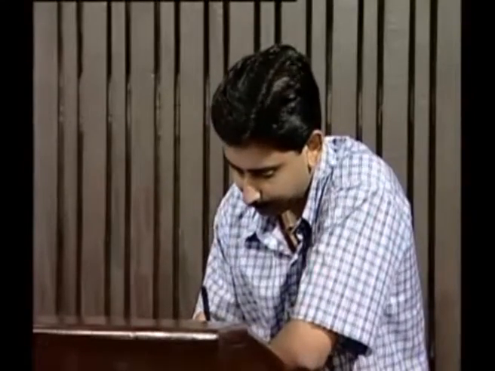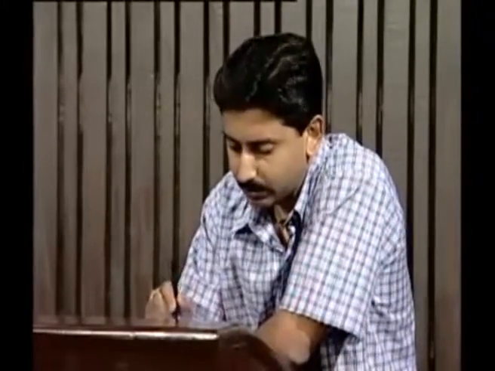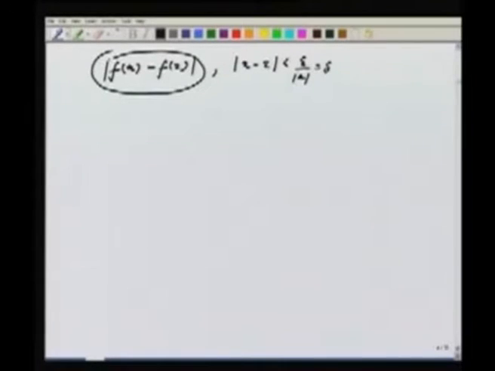Then what happens? Well, I again look at |f(x) - f(2)|. The condition I am taking is |x - 2| < epsilon / |a|, because this is my delta. And now I want to check whether |f(x) - f(2)| is less than epsilon. If I again write it down, you will see that I just have to work backward.